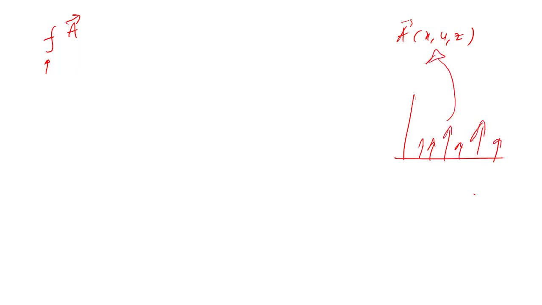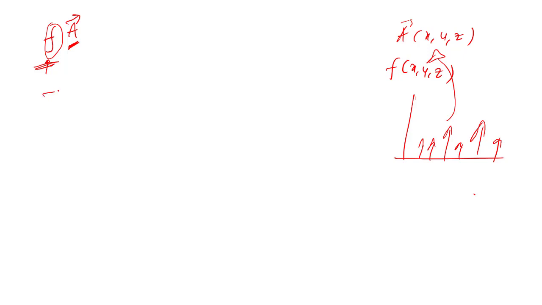So I have a vector A(x, y, z). You can imagine some vector field where you have all these vectors, and one of these vectors I am calling A, and this is a scalar function f, which is also a function of x, y, z, right? So I am multiplying a scalar function with a vector A.